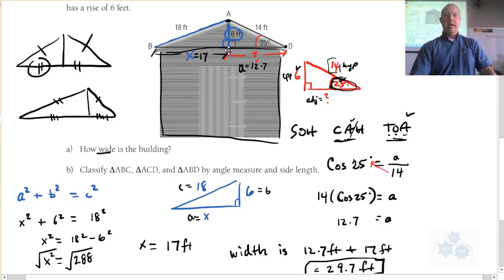ABC by angle measure, what kind of triangle would that be? Well, it's got a right angle in it, so that's our cue. That's a right triangle. Okay? And of course, ACD is also a right triangle. What about ABD?